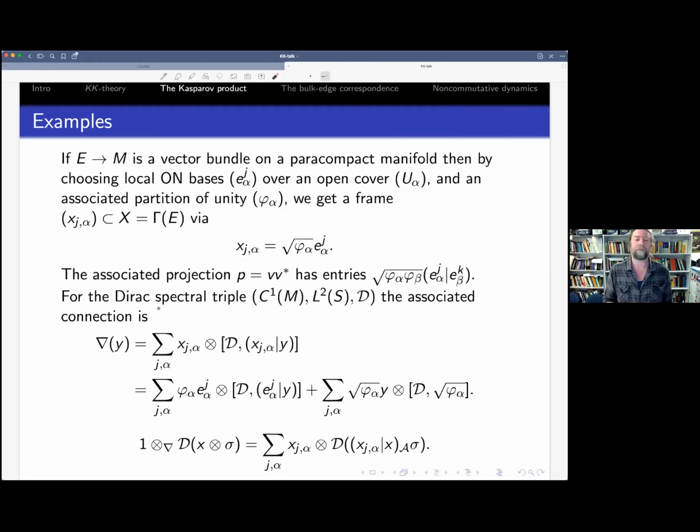So that's if you take the Dirac spectral triple to define your one forms, then this is what the connection looks like. So this bit looks basically like the classical situation. You've got derivatives in all directions locally, and this term is sort of a slightly global correction that comes from your partition of unity, which pastes it all together. And of course, this is the operator you get out of 1 tensor nabla D.